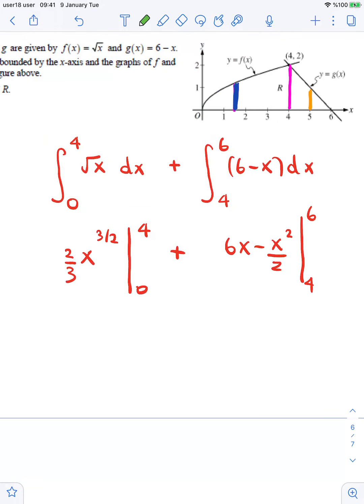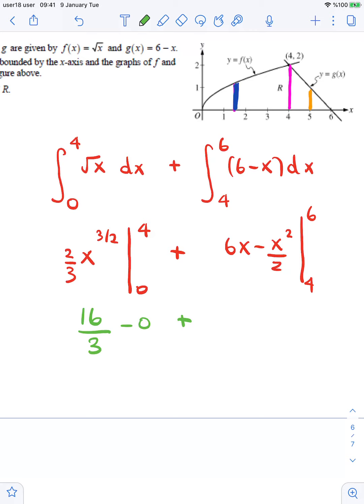The first one will be 4 to the power 3 over 2. Well, 4 to the power 1 over 2 is 2, so that cubed is 8. So 2 over 3 times 8 is 16 over 3, minus 0, obviously, when you put 0 in, you get 0.